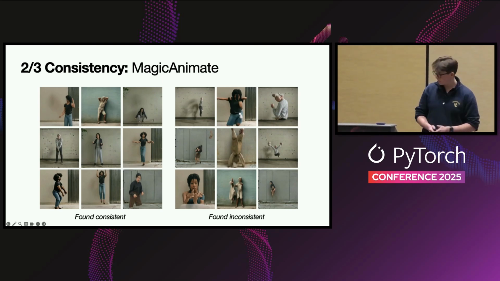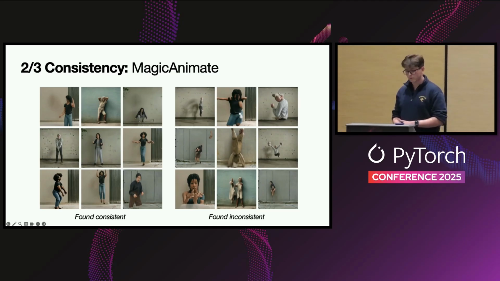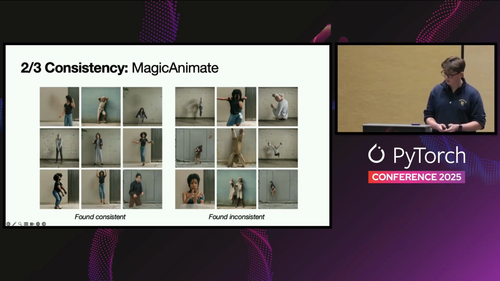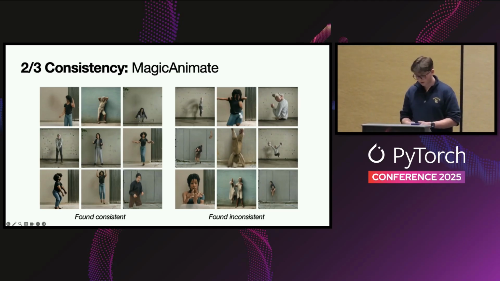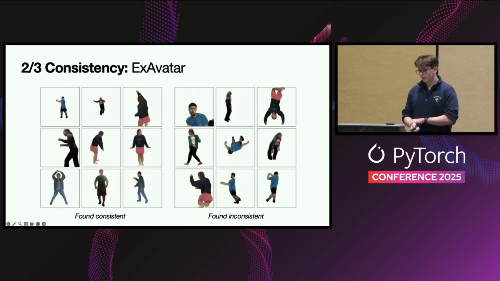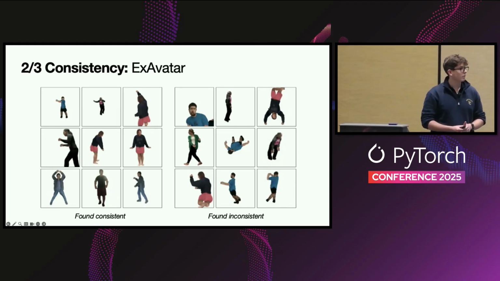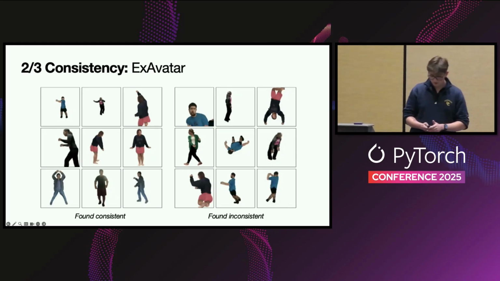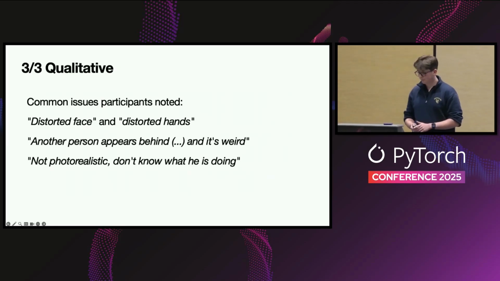So on your left, people found them consistent and inconsistent on the right. The same for Animate Anyone. And the same examples for XAvatar, where even for XAvatar there are a lot of mistakes made by the model.